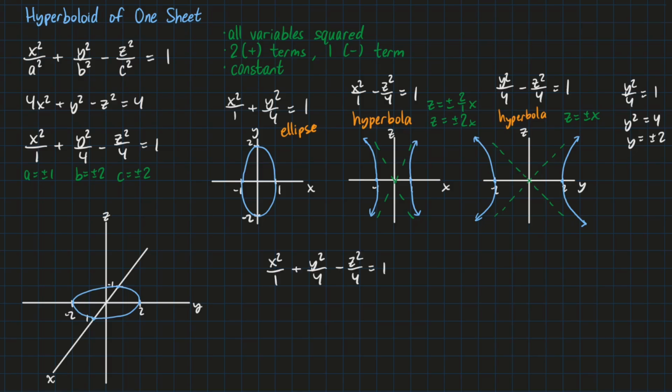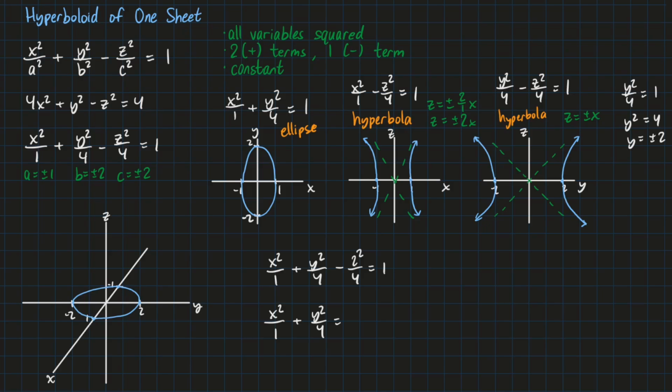To get our first trace, the xy trace, we plugged in a 0 for z. If we plug in another value for z, let's say a 2, we will get a different ellipse. So let's move the constants to the other side, and we have x squared over 1 plus y squared over 4 equals 2 squared, which is 4, and 4 divided by 4 is 1.